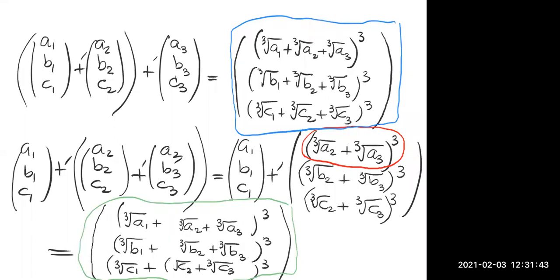And as you can see, they are equal. So the green one is equal to the blue one. And that means the addition we defined, although it doesn't look like the natural addition we have, is still associative. Is there any question about this part?